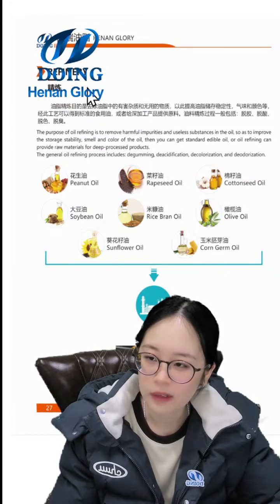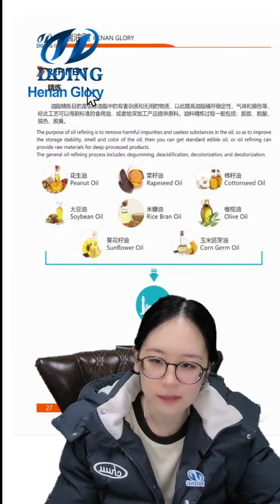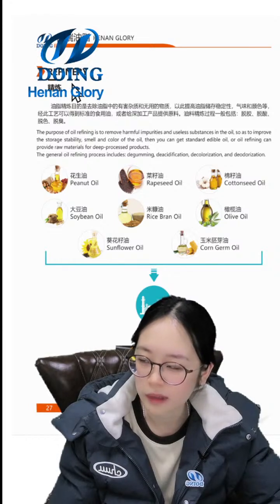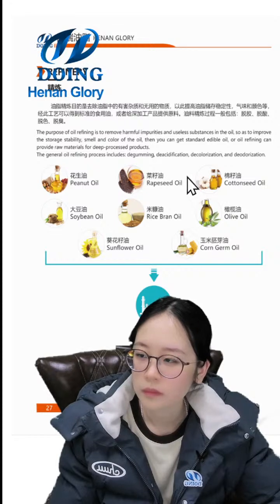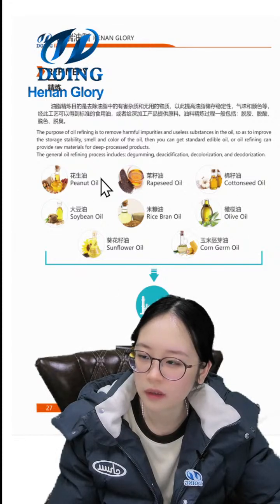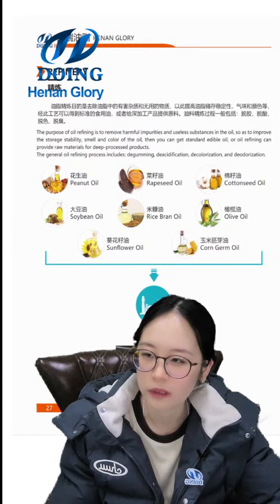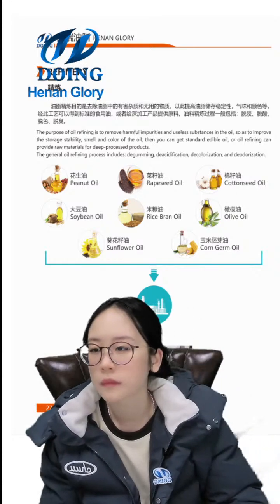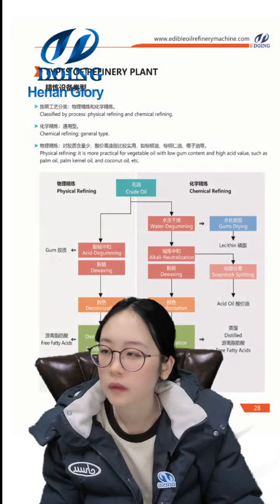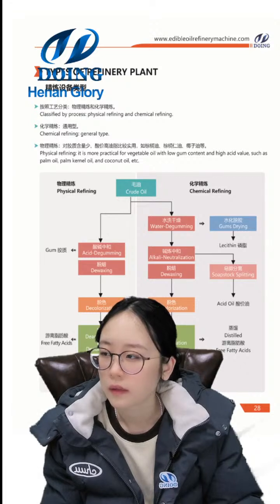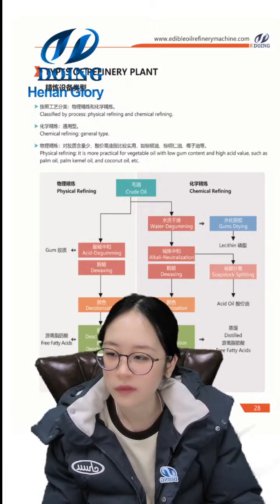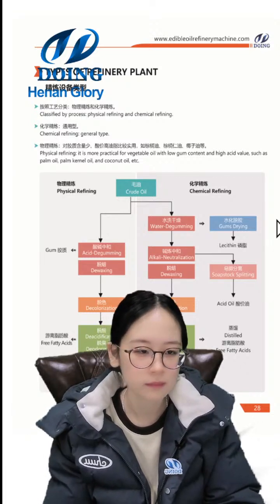So if you want your oil to be eaten by people, everyone needs to refine it. This kind of oil all needs refining, right? And this is a profile of the refinery.